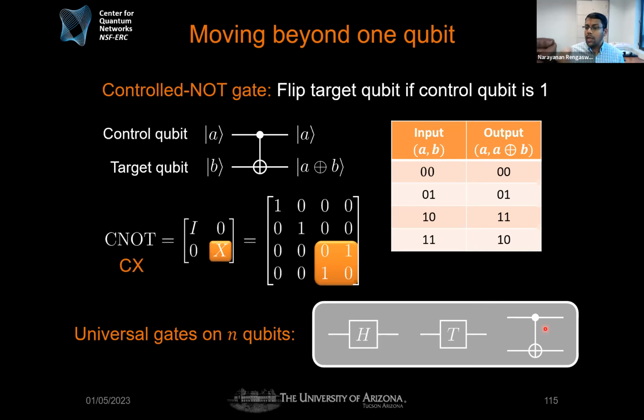But it might not always be exactly the unitary operation, but it will be a little bit away from the unitary in the L2 norm. So if you're familiar with norms of matrices, when we say universal, it means that you can do any unitary, which is a 2 to the n by 2 to the n matrix, can be written as a product of these matrices on different qubits or different pairs of qubits. But the product of the sequence will be close to the target unitary in L2 norm, if that makes sense.